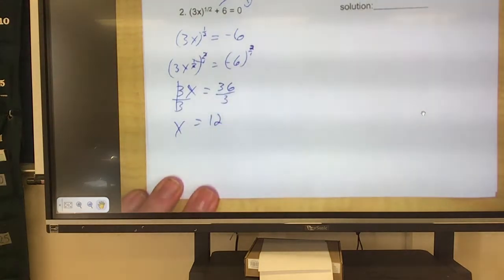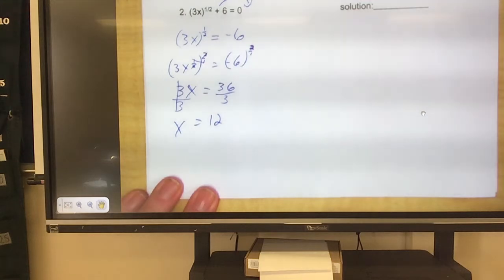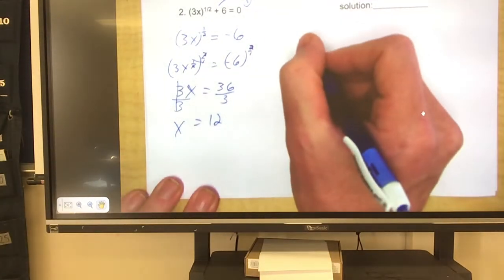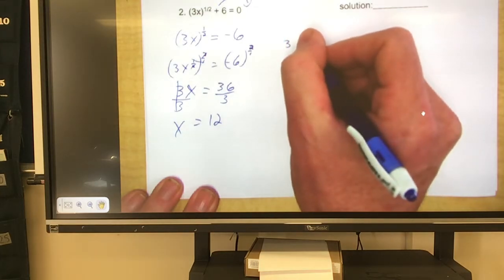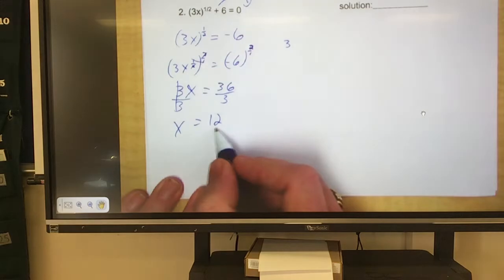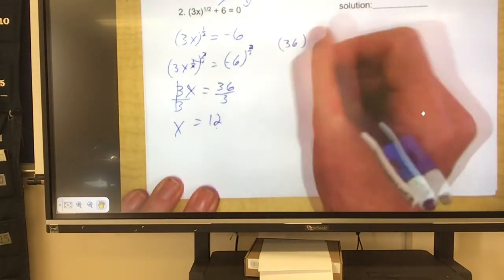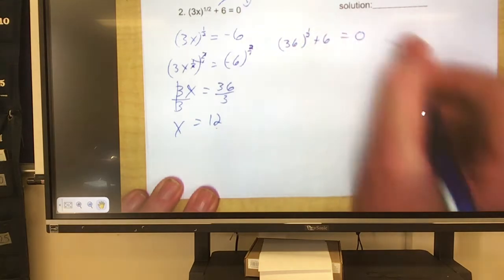We're going to check it now. So I'm going to plug it back into the original equation, add 6 to it, and see if it equals 0. My original equation is 3 times x, which we know 3 times x is 36, raised to the 1/2 power, and if we added 6 to it, we want it to equal 0.